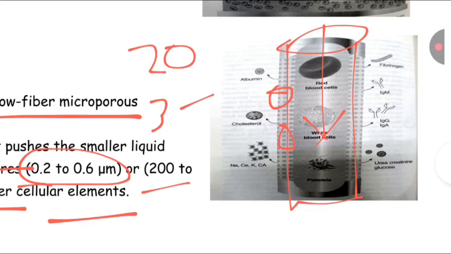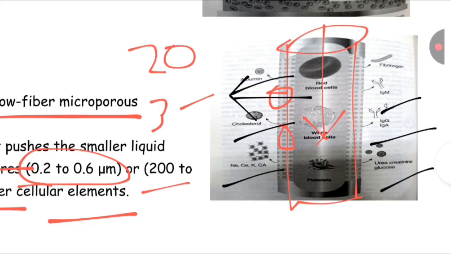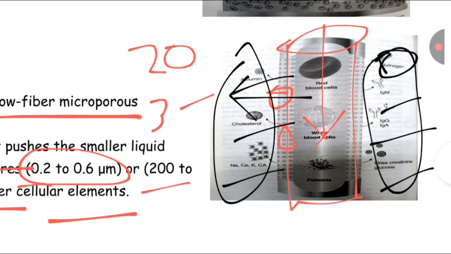Blood passes through this membrane and the molecules smaller than that hole pass through the membrane to the plasma compartment of the plasma filter, like cholesterol, albumin, sodium, potassium, urea, creatinine, glucose, immunoglobulin A, immunoglobulin M, fibrinogen, etc. We collect that plasma in a jar.